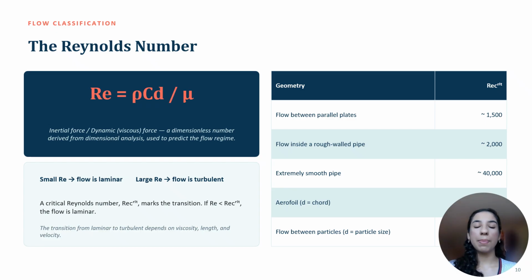Finding the critical one all depends on geometry. For parallel plates, you get 1500; for flow inside a rough pipe, you have a table, so it changes in every geometry and every environment you have.